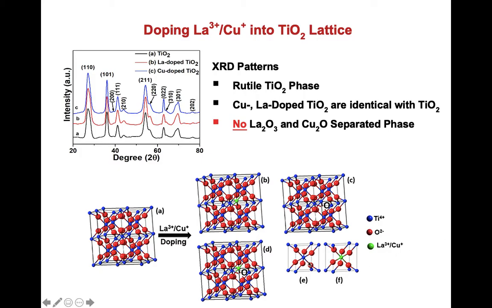Picture E and picture F show the unit cell of titanium dioxide and lanthanum copper doped titanium dioxide crystal. The presence of lanthanum and copper ion and oxygen vacancy lattice defect in the titanium dioxide matrix improves the electrical property, which will be talked about in detail later.